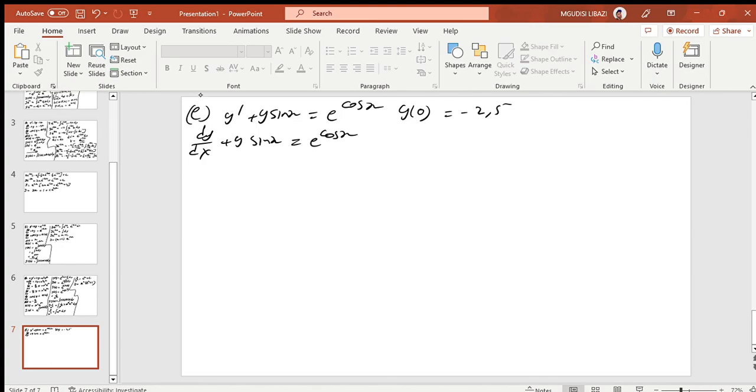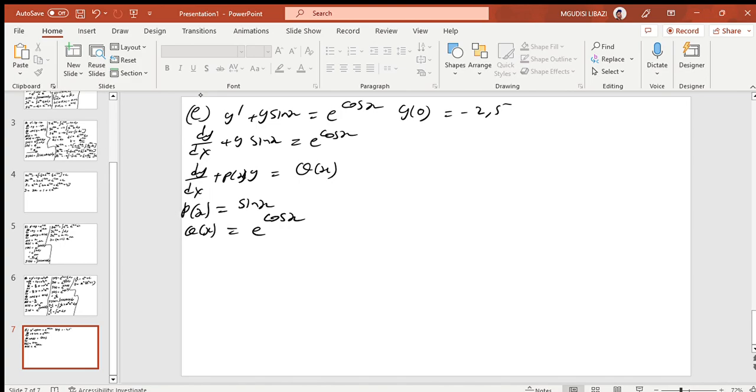And this is in the form dy over dx plus p of x multiplied by y equal to q of x, with p of x being sine of x and q of x being e raised to cosine of x.